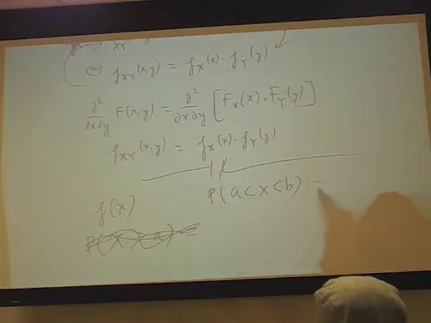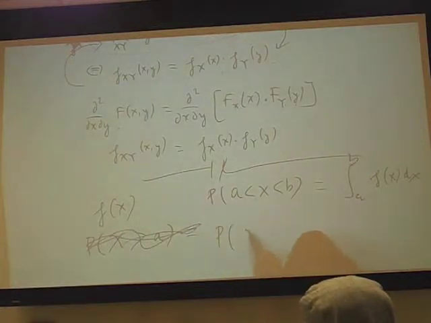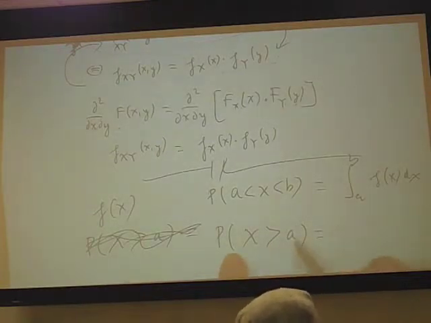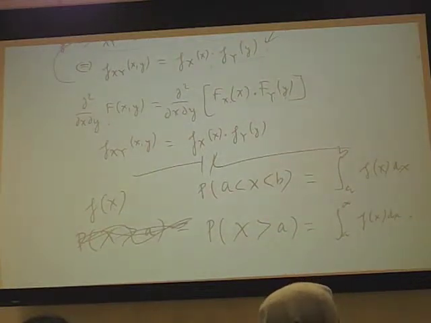You integrate from A to B of f of x dx, correct? And if you want to calculate the probability of x bigger than A, you compute it from A to infinity. So you integrate from A to infinity of f of x dx. Does that make sense?